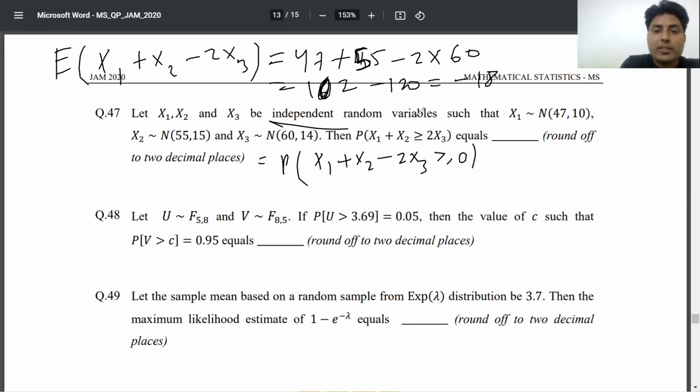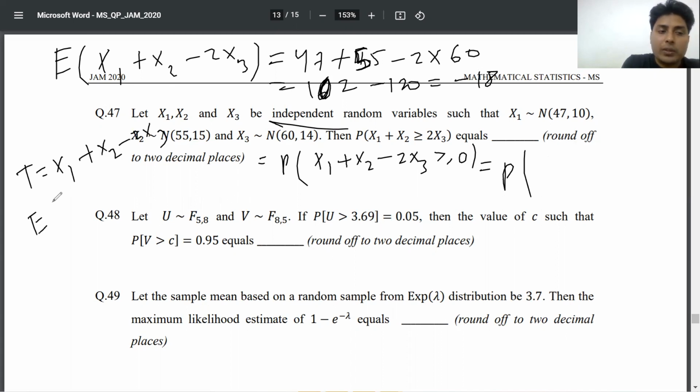And what is the variance of this? So let me write it here only. Let's name this t, suppose I name this t: x1 plus x2 minus 2x3.